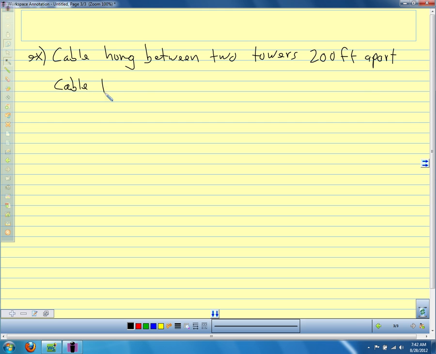So our cable takes a shape, the curve is called a catenary. We derived the tractrix curve, and the catenary curve is kind of similar. It's a hyperbolic cosine function. So for this particular situation, we're given the curve. I'll write it both ways, in exponential form and in terms of our hyperbolic trig functions.